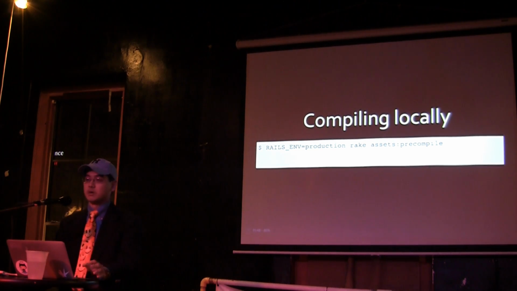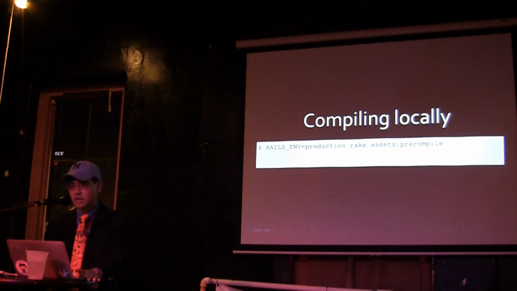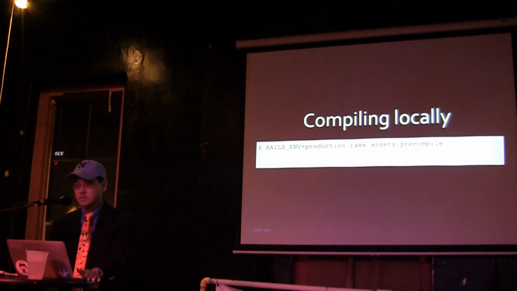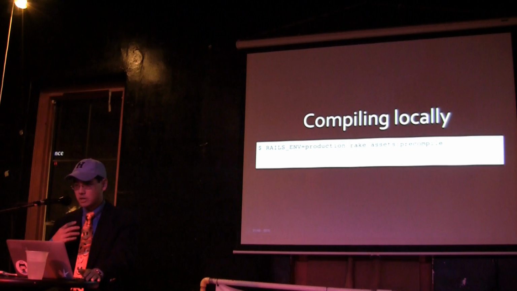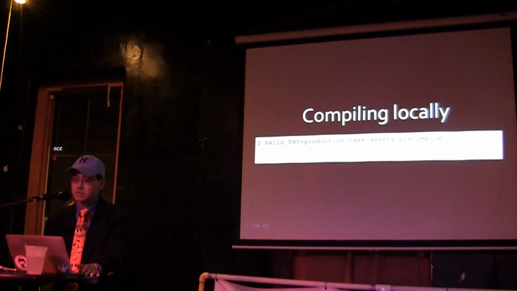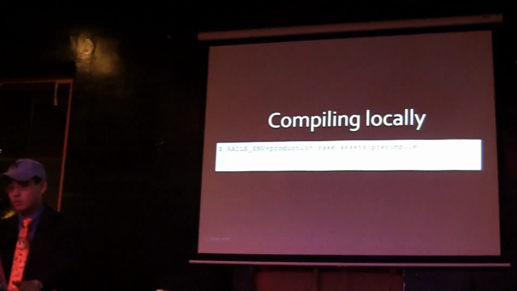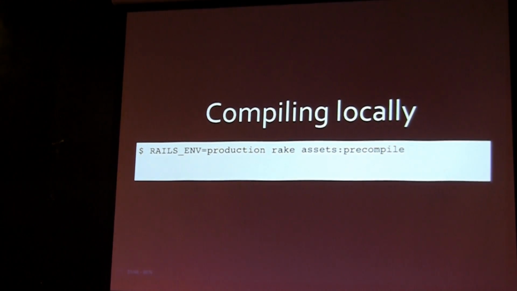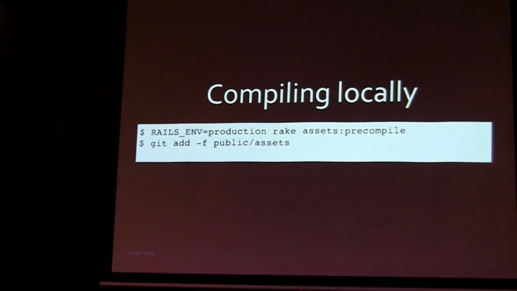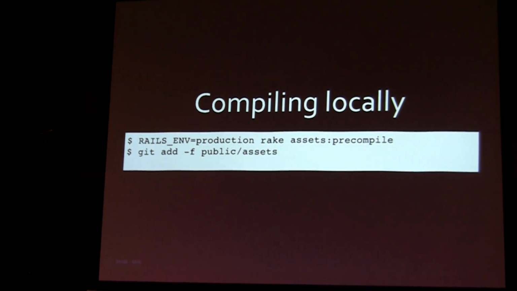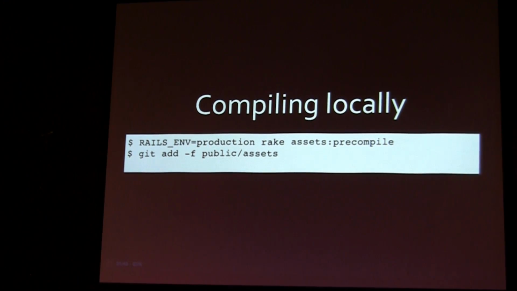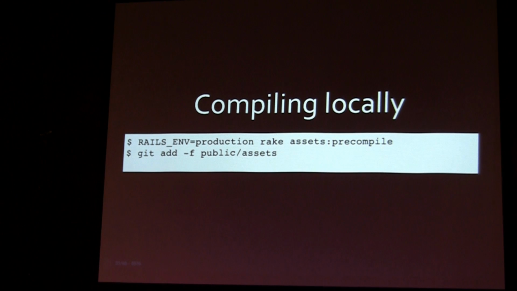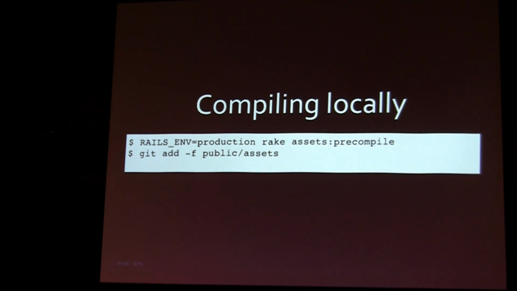For most people this is production, but if you're deploying to a staging app, you'd want your Rails environment to be staging. This is important because it generates MD5 sums that are dependent on the environment. When you're actually running it, you want the MD5 sums to match, or Rails won't be able to find them. It generates all this stuff inside the public assets folder, and it also generates a manifest.yml file inside of this folder by default.